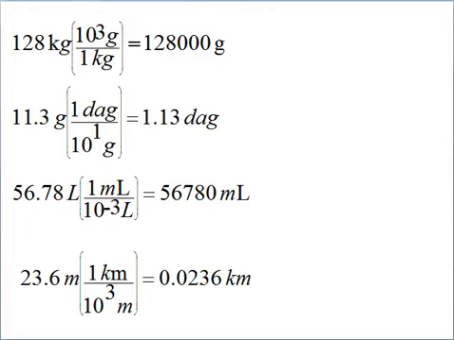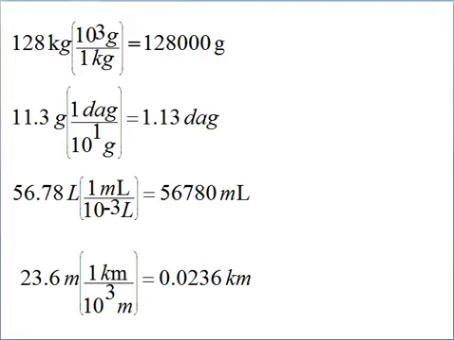Note that the numerator and denominator, as always, are equal. If the numerator and the denominator are not equal, you should stop doing the problem and set the problem up so the numerator and denominator are equal. The solution is 56,780 milliliters.